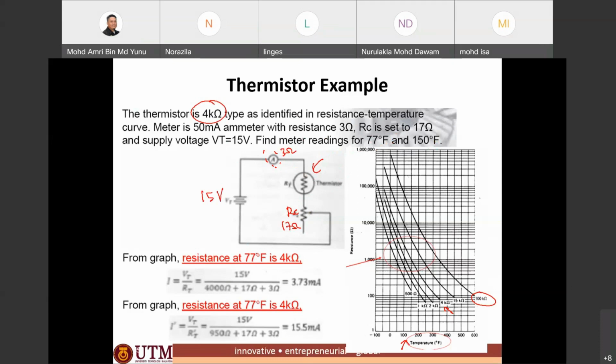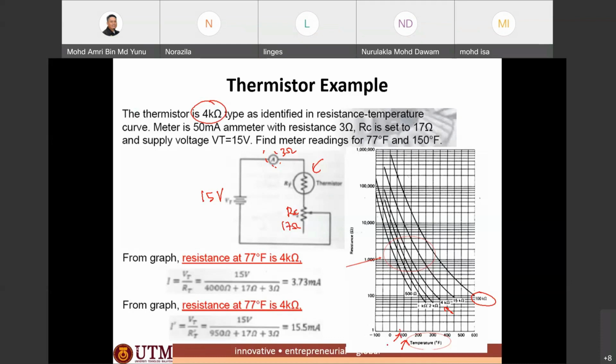From the graph, we need to find the resistance at 77 degree Fahrenheit. How do we find it? We look at the temperature axis, find 77, and look at the 4K curve. The value of 77 is maybe somewhere here.